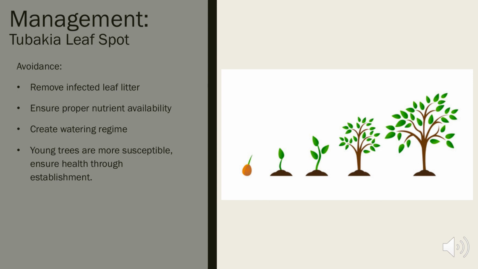And additionally, you want to make sure that young trees that are establishing are planted properly and are being maintained properly, both in nutrients and water requirements. It's mainly by boosting the health of your plant that you're going to be increasing the resistance, and that combined with removing your infected leaf litter should prevent any more outbreaks of tubercular leaf spot.